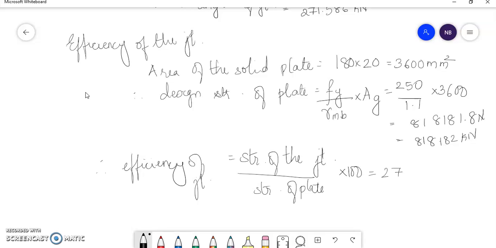So the strength of the joint we have calculated as 271.586 kilonewtons. Strength of the plate is 818.182, and this gives us an efficiency of 33.19%. So this is your final answer. The efficiency of the joint is 33.19%. Thank you.